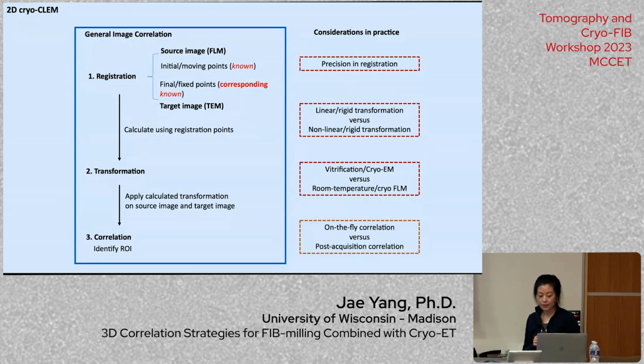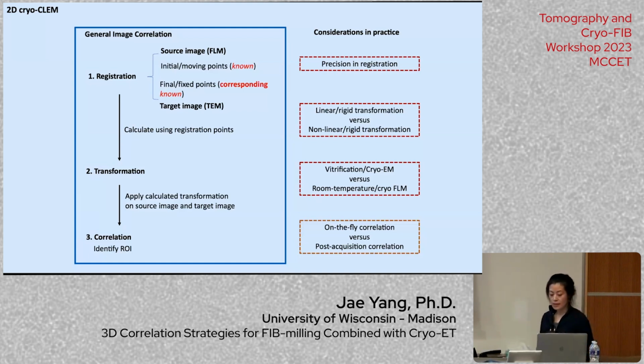Using that function, you can apply the transformation to your source image to get a transformed image back projected into your target map, in this case a TEM. Because you correlated two images, your FLIM and your TEM, you will be able to identify your fluorescence signal. In practice, there are several things you need to consider, and there are actually more.